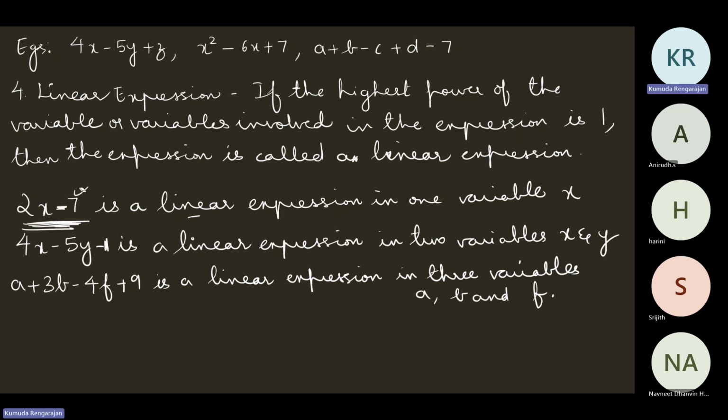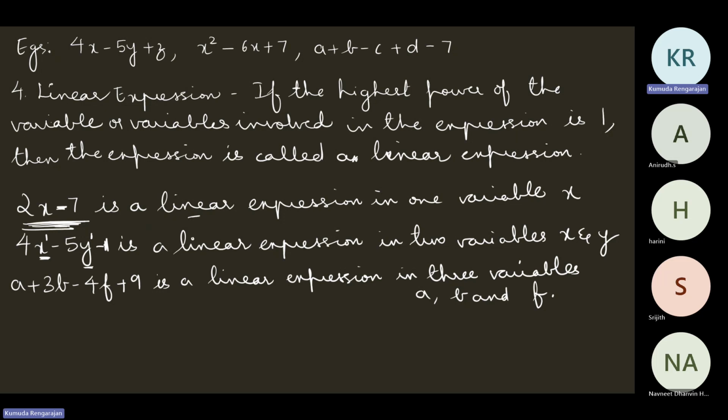Now in the next example, we see two variables x and y. The power of x is 1. The power of y is also 1. We are not seeing the coefficient of x. The coefficient of x is 4. The coefficient of y is -5. We are not looking at the coefficients. We are looking at the powers. The power of x is 1.